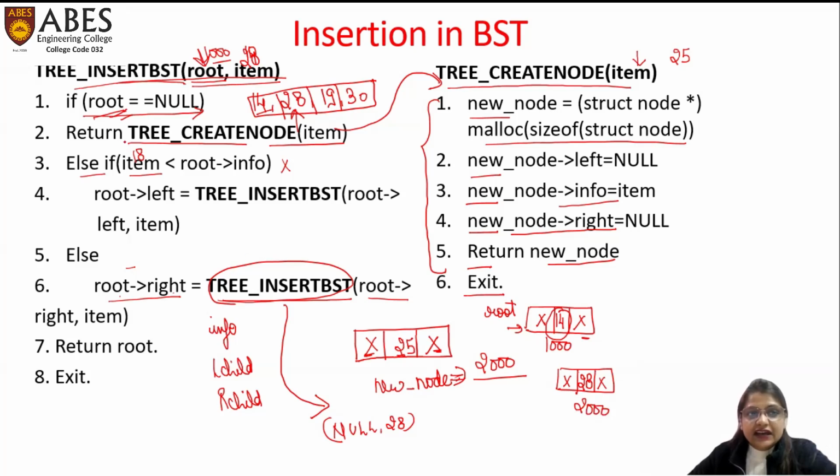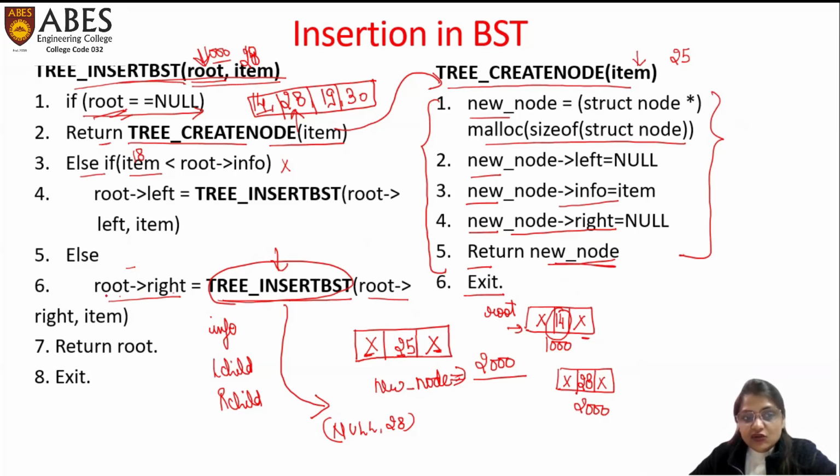Then the value returned here will be replaced here, because tree insert called this procedure, which has returned a value. The returned value of the new block is 2000, which will be assigned here.